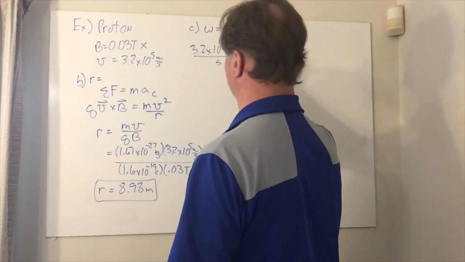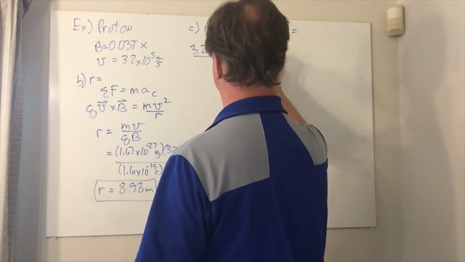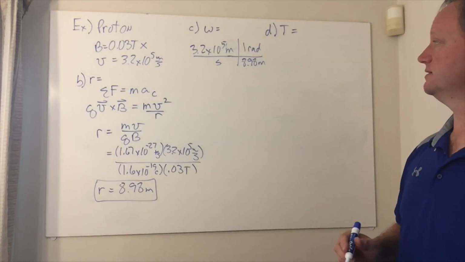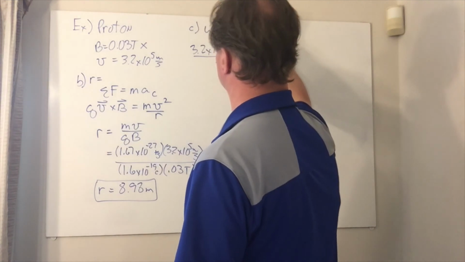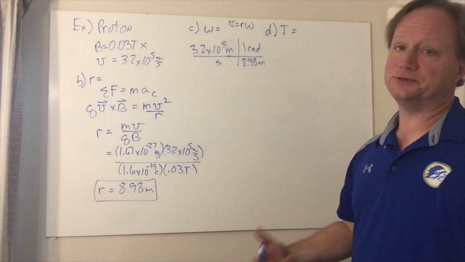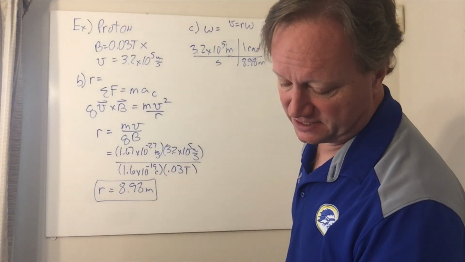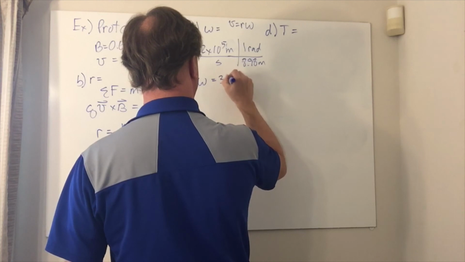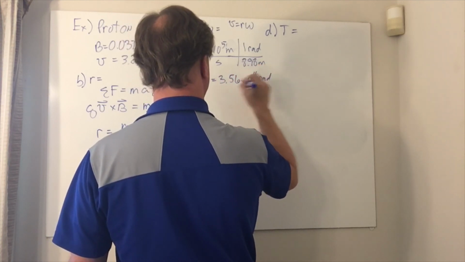That's a 8.98 meters. So you're basically dividing by the radius. You can also think of that in terms of the equation V equals R omega. You end up doing the same math. So then our angular velocity, 3.56 times 10 to the 4th radians per second.